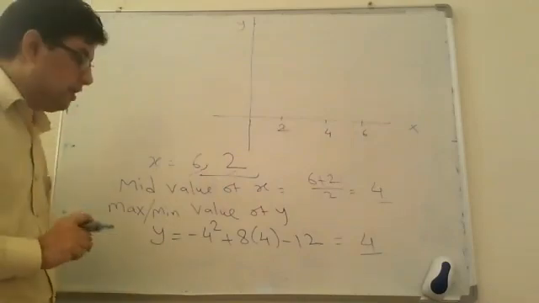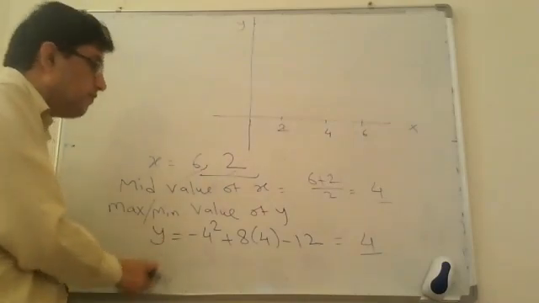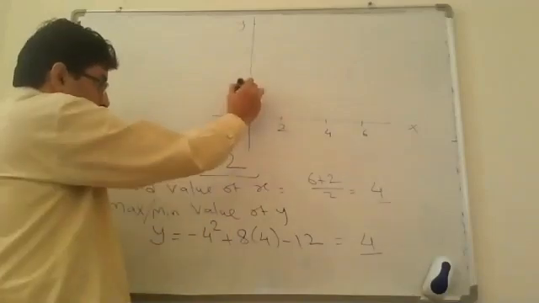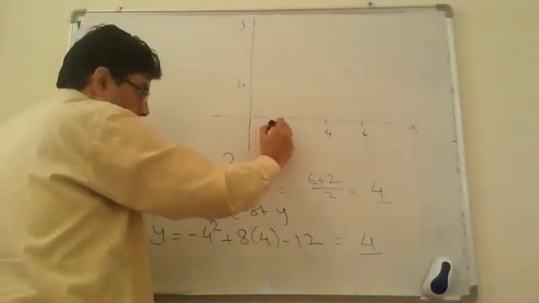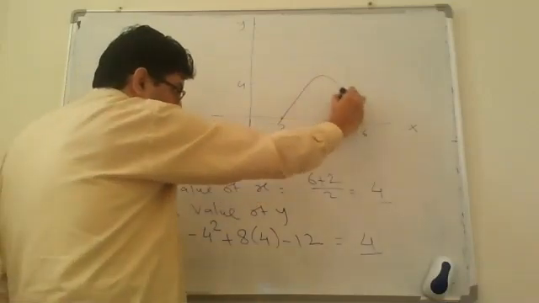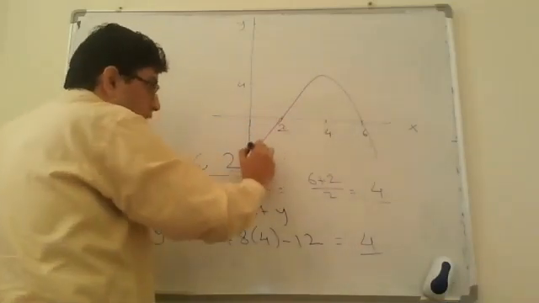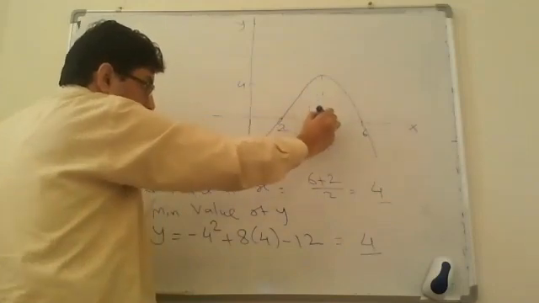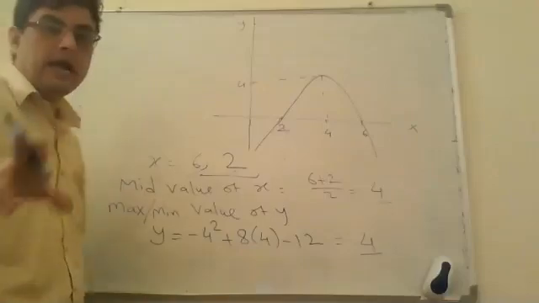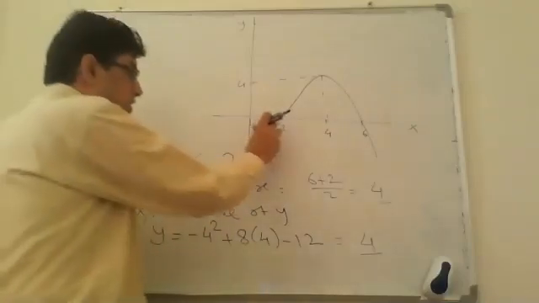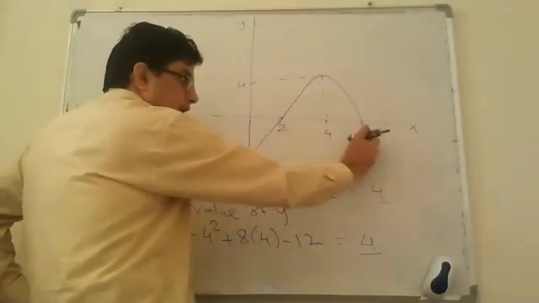Your curve at this x has a maximum of 4. Y maximum 4. So y 4 here maybe. This y 4. Now draw like that. The highest value of 4. Again I am telling you, mention the two values of x here.